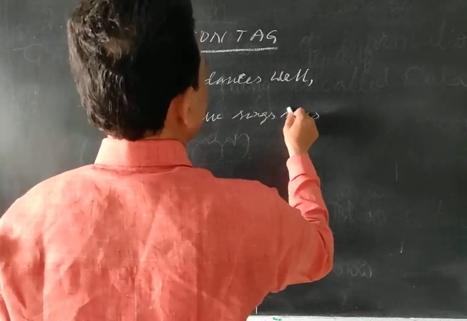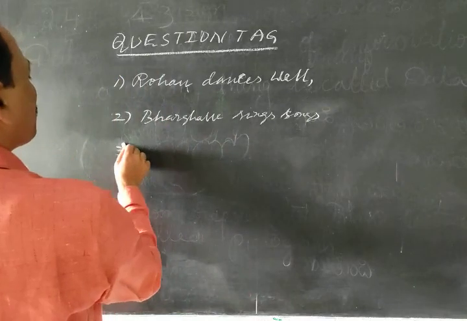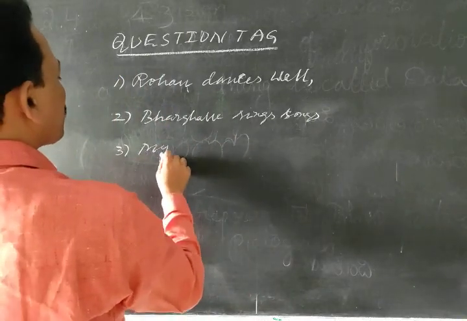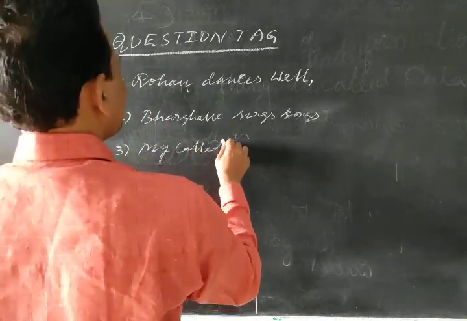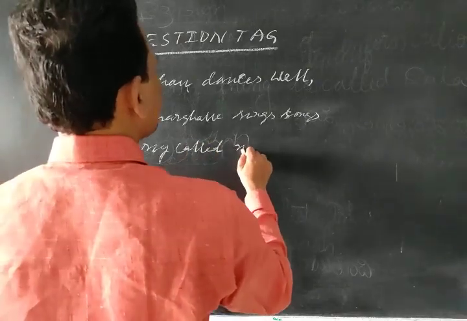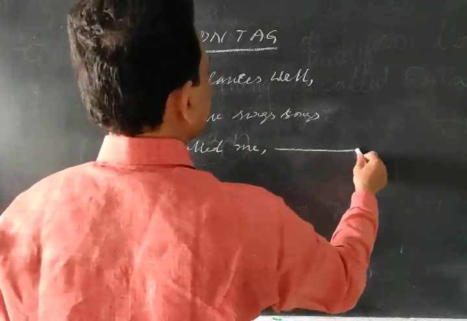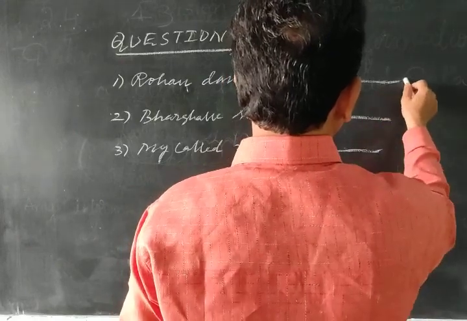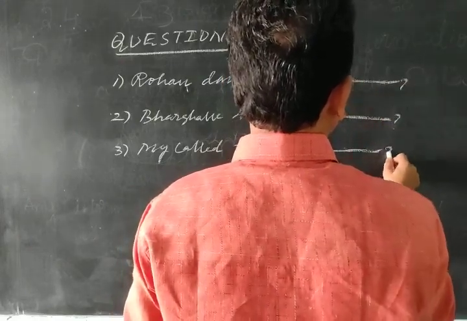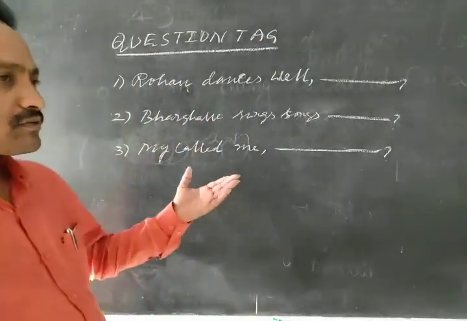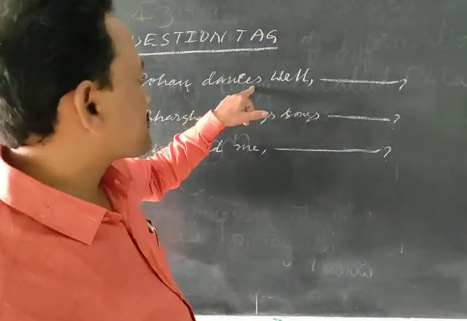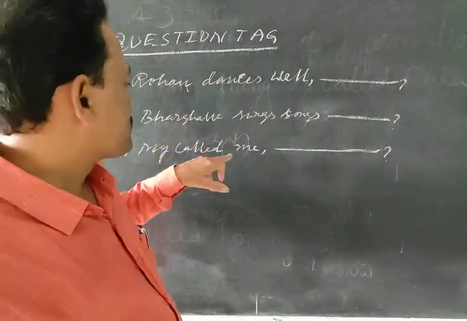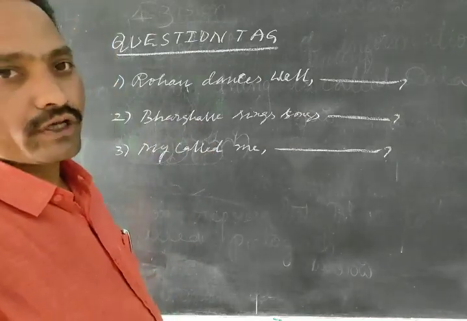This is the second one. My friend called me. These are the three sentences. These three sentences don't contain helping verbs. Direct verbs are given here. See, dances, sings, called.